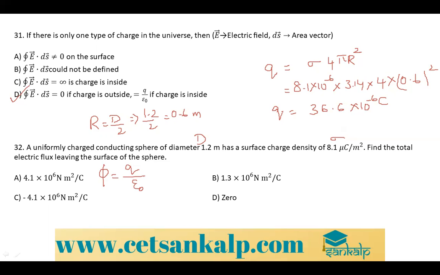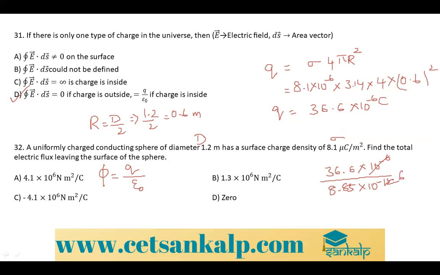Okay, so now Q is found. Now 36.6 into 10 to the power minus 6 divided by 8.85 into 10 to the power minus 12. So minus 6 remains here.